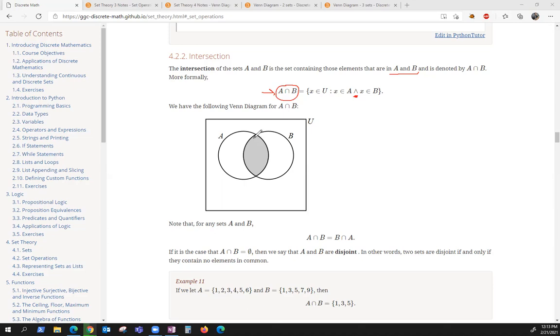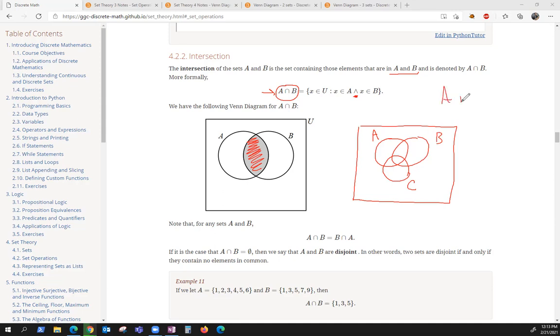Now, you can see in this picture that this is what's shaded in. Another way that you could indicate that you're talking about the intersection, if, for example, you have 3 sets, A, B, and C, if I want to write A intersect C, I could use blue to do everything that's in A, and I could use, say, yellow to do everything that is in C in the opposite direction.